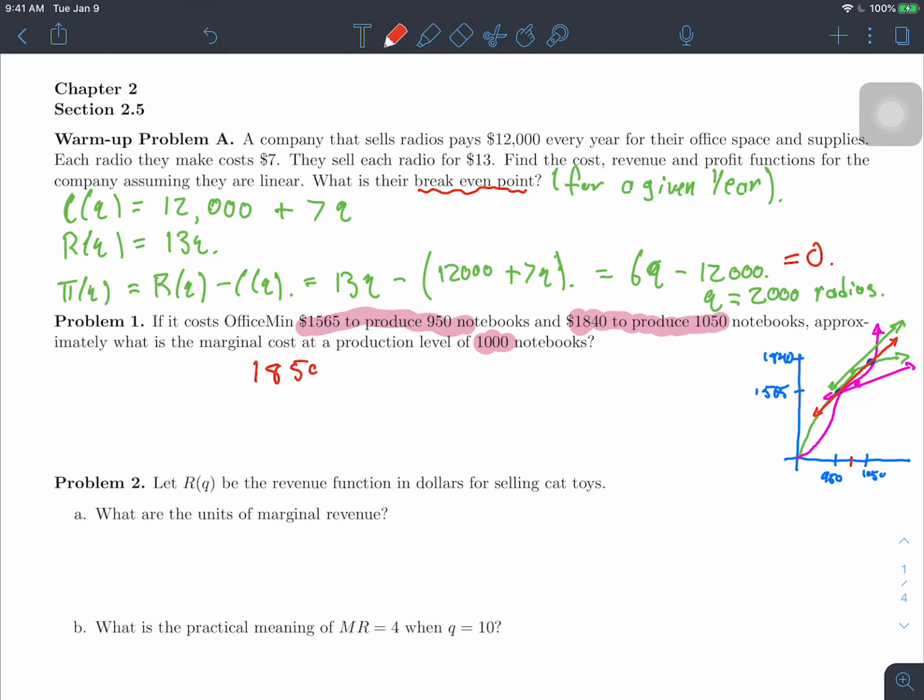We'll do 1840 minus 1565, all divided by 1050 minus 950, equals, what, 275, I think, over 100 equals 2.75.